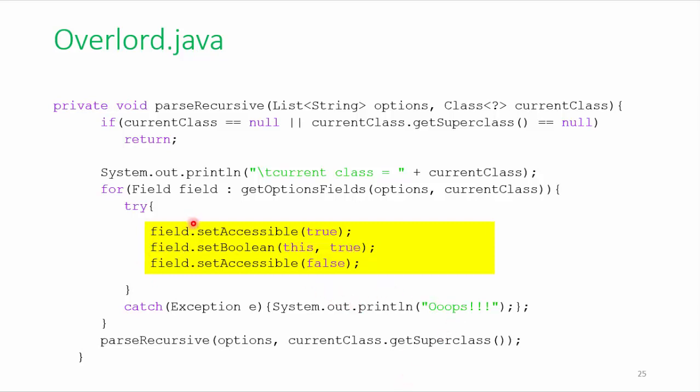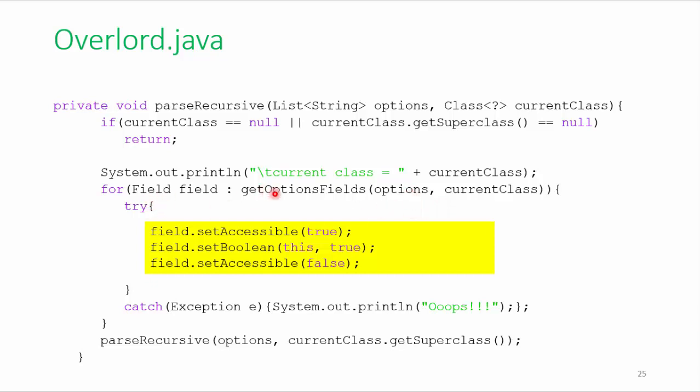So we set all the fields that we get from getOptionFields because it is the job of getOptionFields to look up all the fields in my class that are marked with my annotation @ExperimentParameter, and then filter out of that list all the ones that are not mentioned as options.